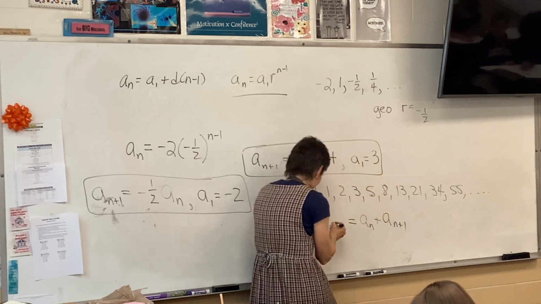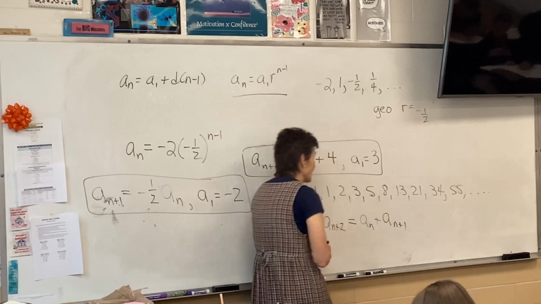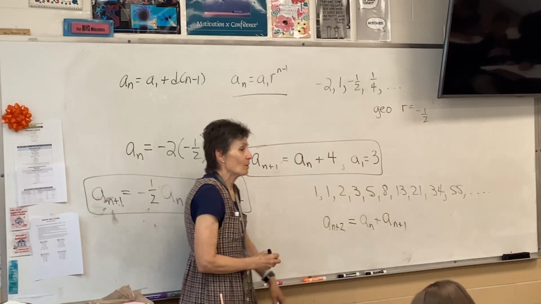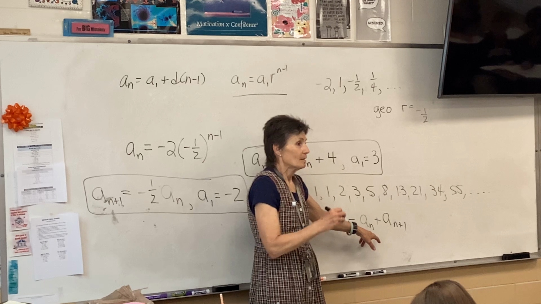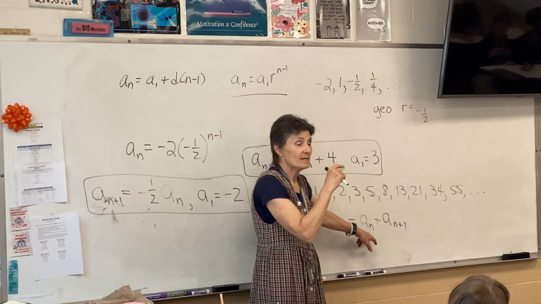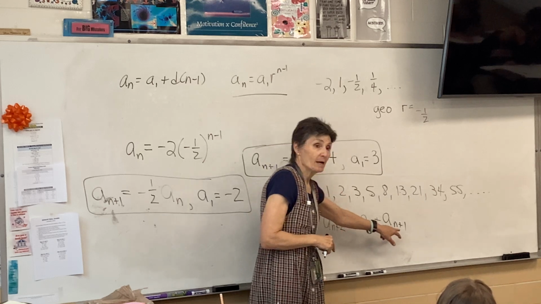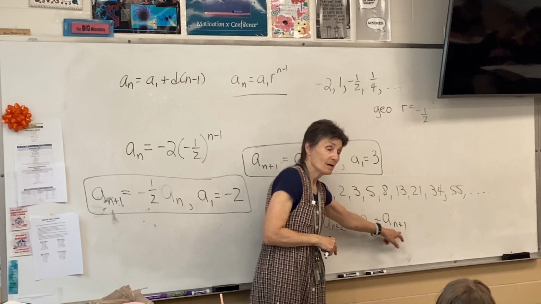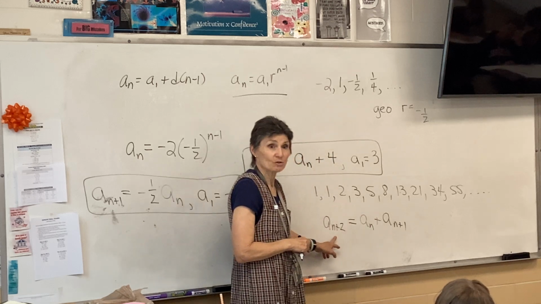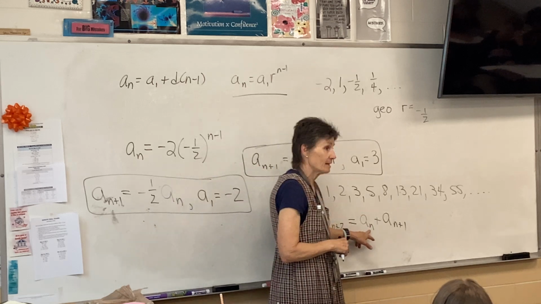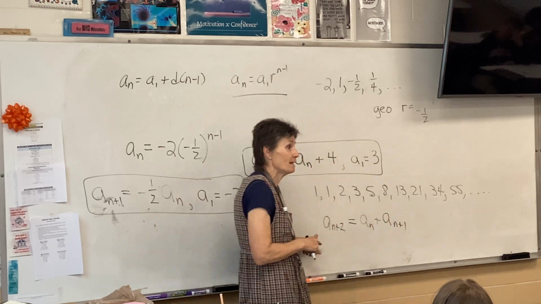N plus 2. The next term after that. You're getting it, Dana, that's exactly right. So if I add the 8th term and the 9th term, then I will get the 10th term. These are consecutive, n, n plus 1, n plus 2.